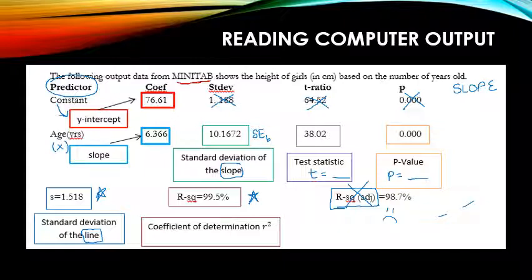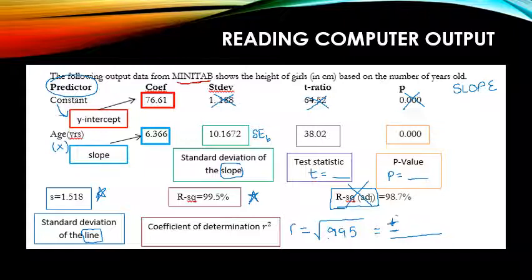If you notice on this computer output, they don't give you r. So if I wanted the correlation, I would have to take the square root of the r squared. So I would take the square root of 0.995. Whatever I get, I would then have to decide if it was positive or negative, and I would decide that based on the slope.